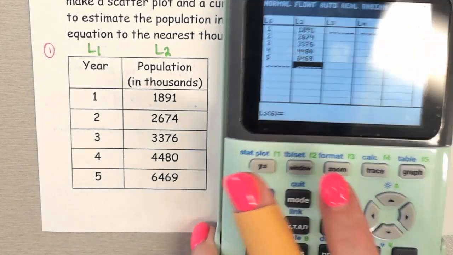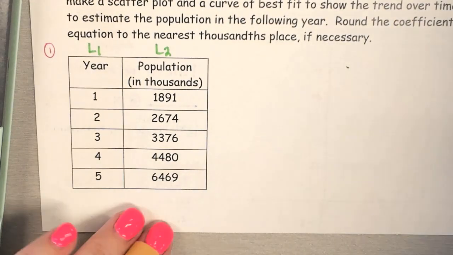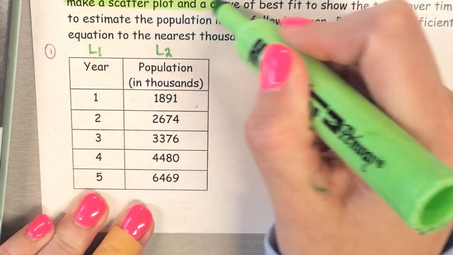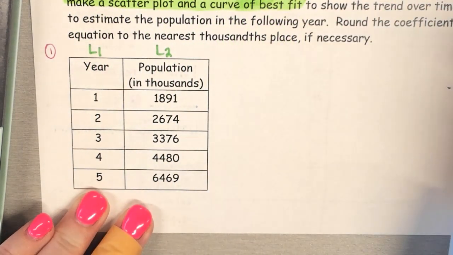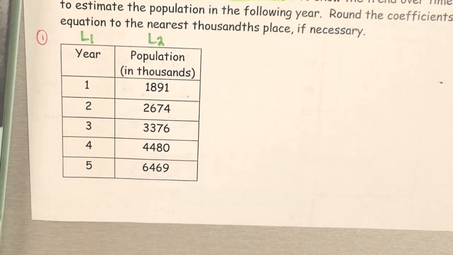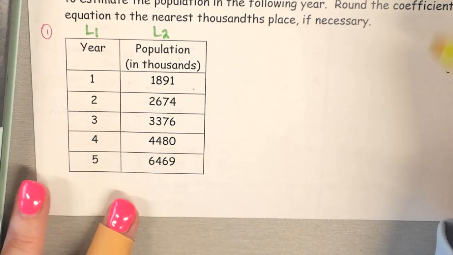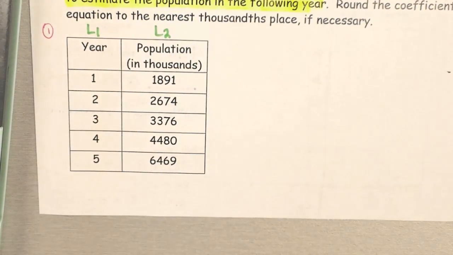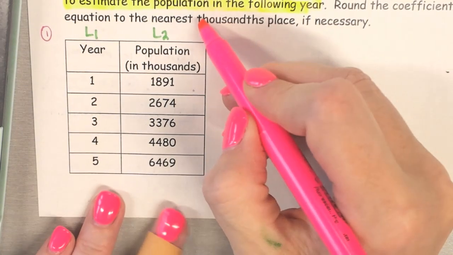Okay, and then again, it does say that we are using a graphing calculator to make a scatter plot and the curve of best fit to show that trend over time. Then we are going to use the regression equation to estimate the population the following year, and we are going to be rounding to the nearest thousandths.